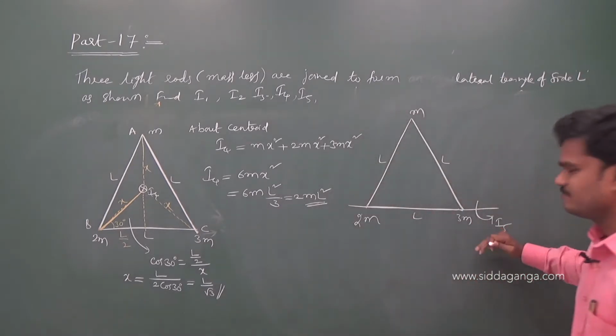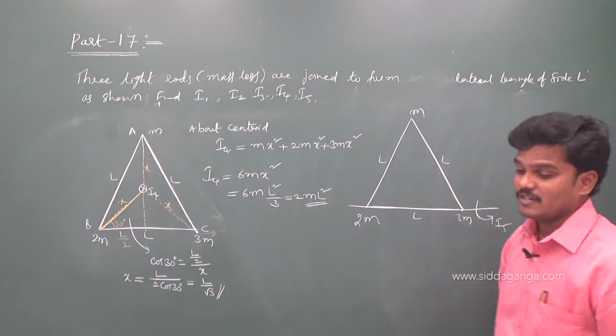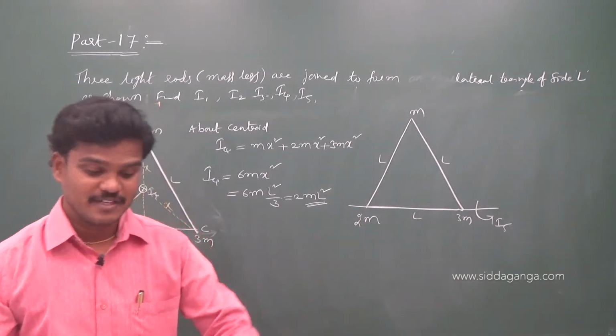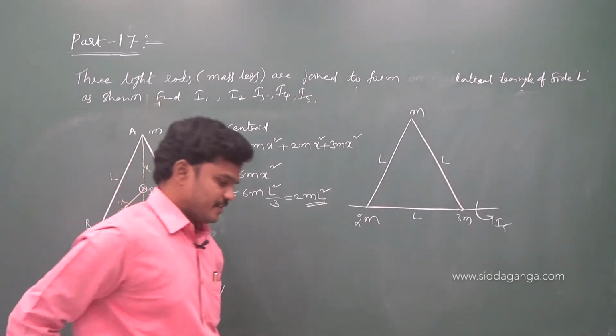The body is rotating in this direction. I told you already, if the body rotates in different directions, moment of inertia will be different. That's why it is a tensor quantity. Try to get I5.